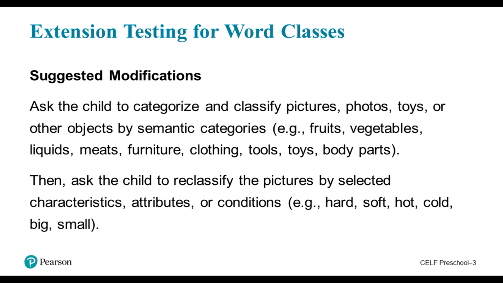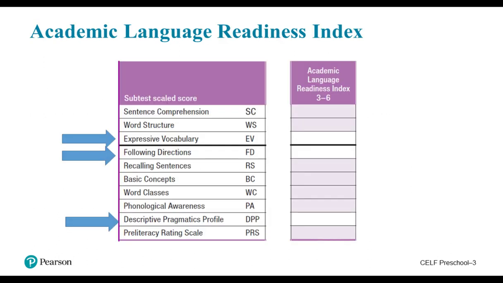This activity allows the child to demonstrate an understanding of several semantic relationships, as well as mental flexibility and the ability to recategorize. Compare the results of extension testing to the results of formal testing to identify accommodations or modifications that the child may need to be successful in a classroom environment.